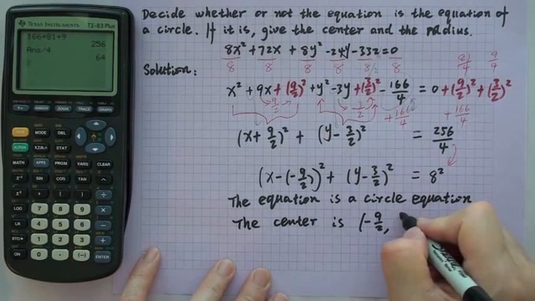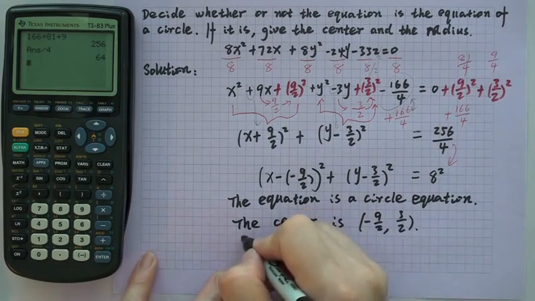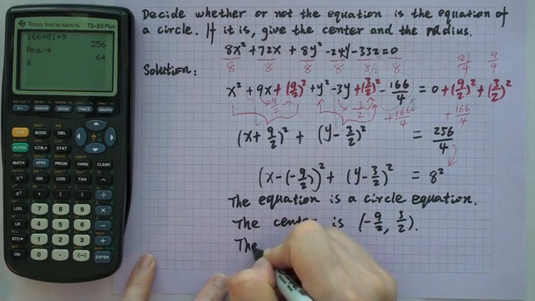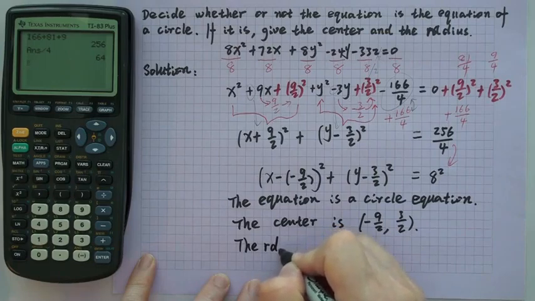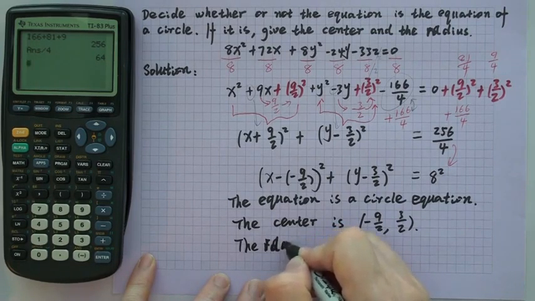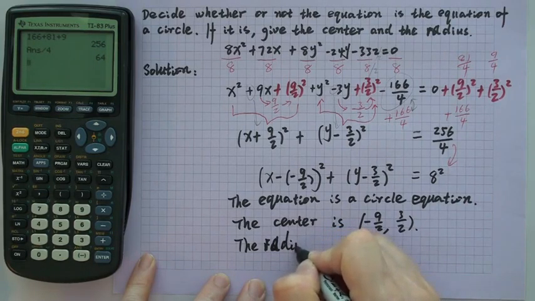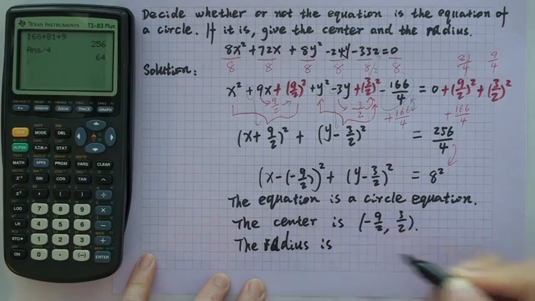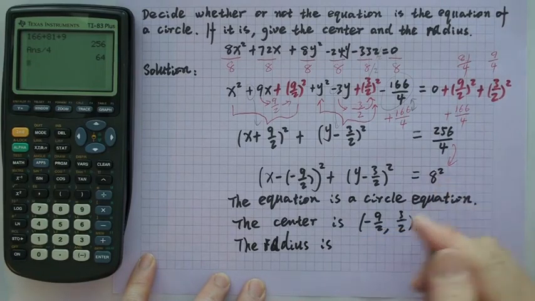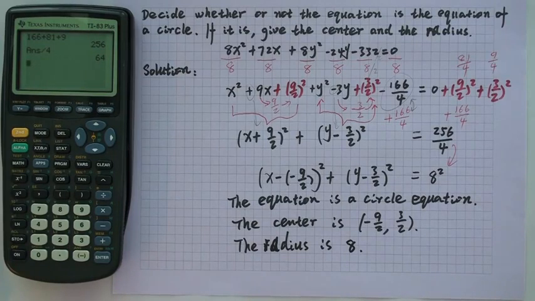The y coordinate is 3/2. The radius is what? It is 8. Don't put 64 over there.